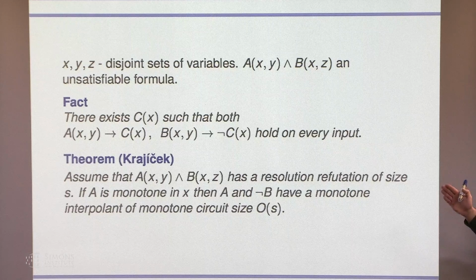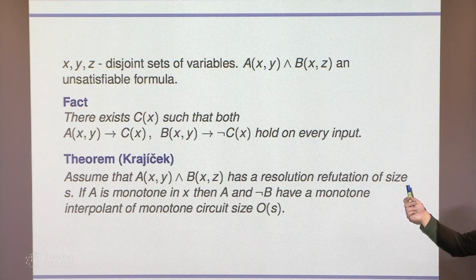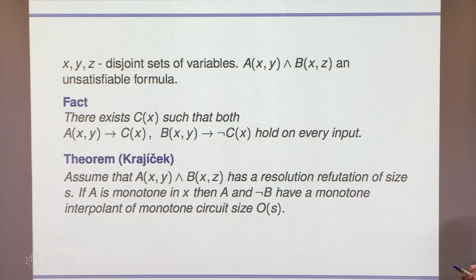So if A is not monotone in X, you still get an interpolant which will be just a circuit. The reason why Krajíček states it in the monotone form is, of course, that we can prove lower bounds for monotone circuits and we cannot prove lower bounds for general circuits. So that's why the word monotone is there. But if you want to prove it without the word monotone, then the proof is fairly straightforward.